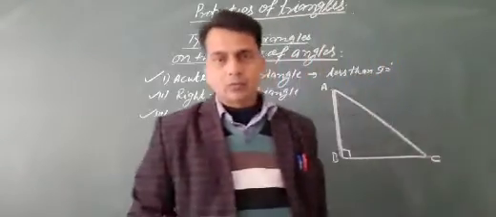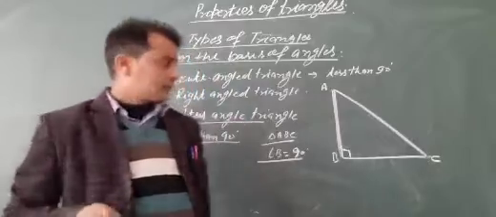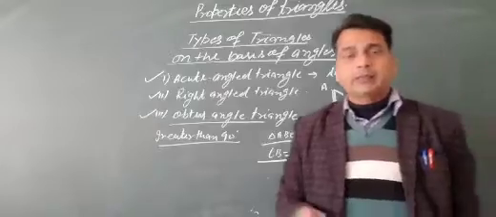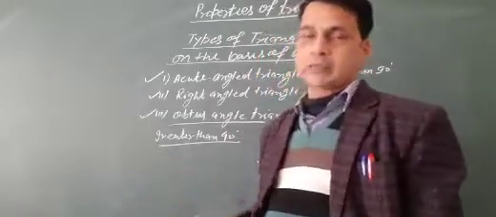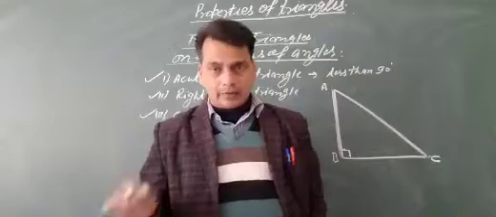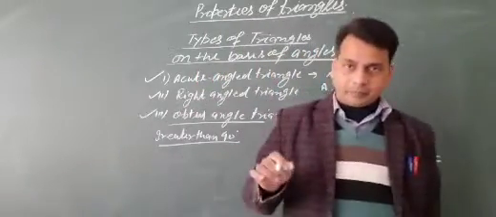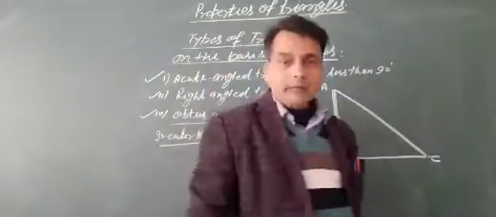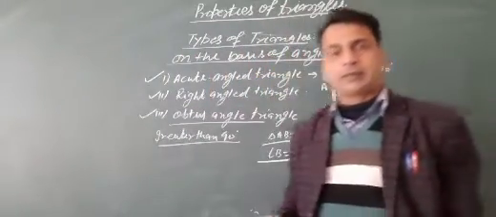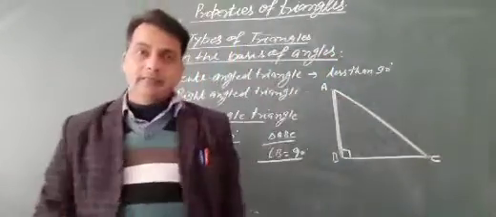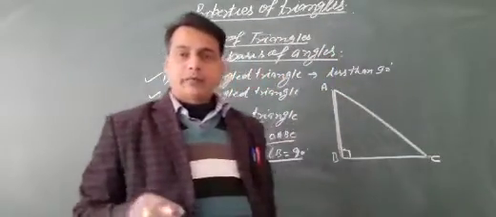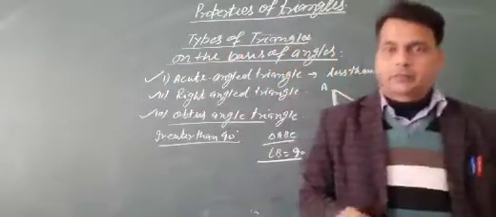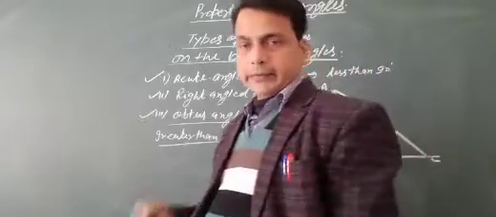In an isosceles triangle, two sides are equal, then the base angles are also equal. In a scalene triangle, the length of each side is different or unequal.